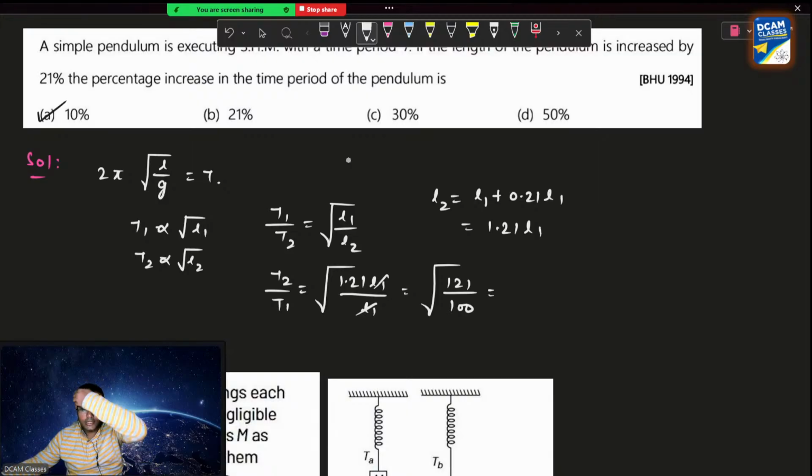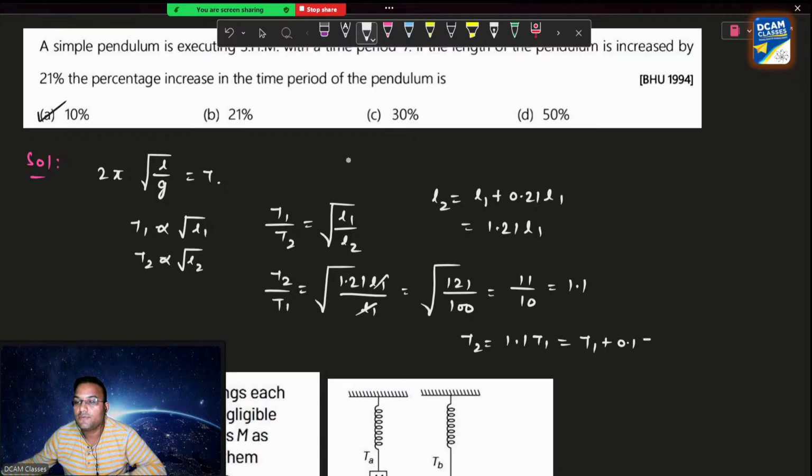Root 121 is 11, so 11 by 10 is 1.1. So T2 is equal to 1.1 T1, that means T1 plus 0.1 T1. So it's increased by 10%.